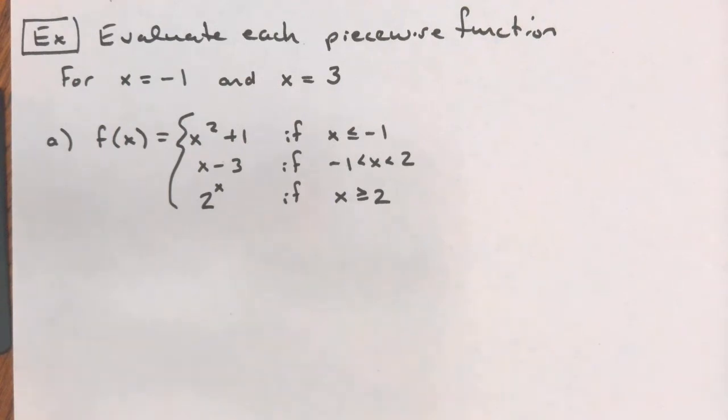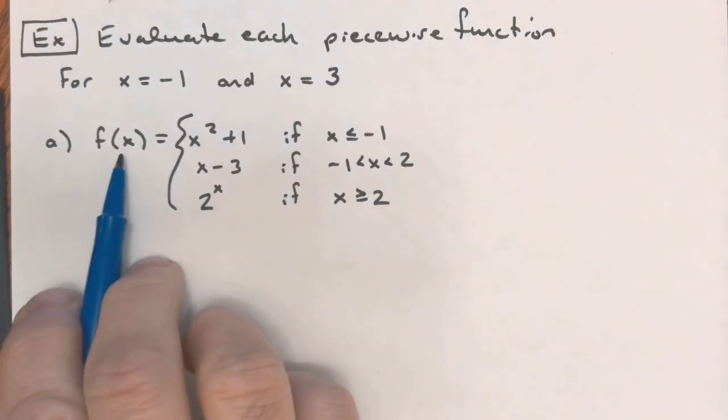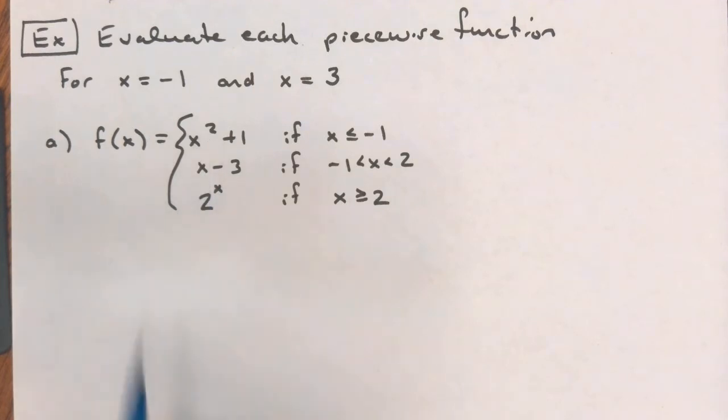How you want to interpret this is this. You have f of x is equal to, and you have 3 different equations.